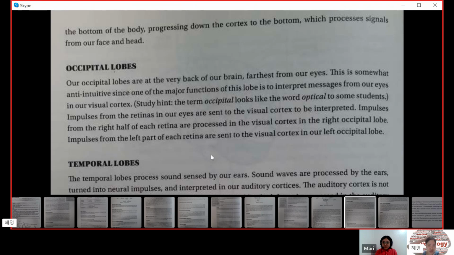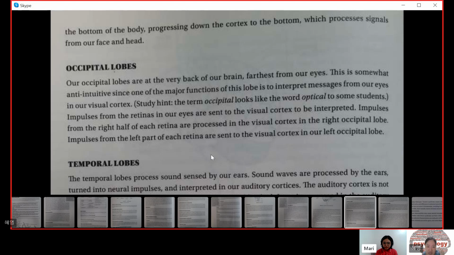Impulses from the retinas in our eyes are sent to the visual cortex to be interpreted. Impulses from the right half of each retina are processed in the visual cortex in the right occipital lobe.